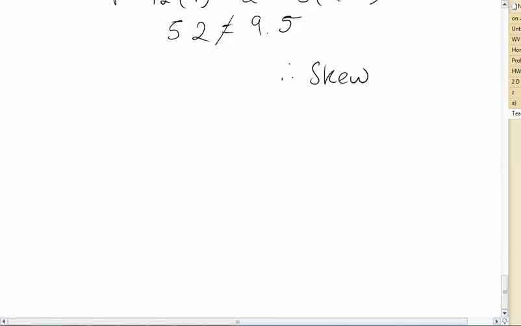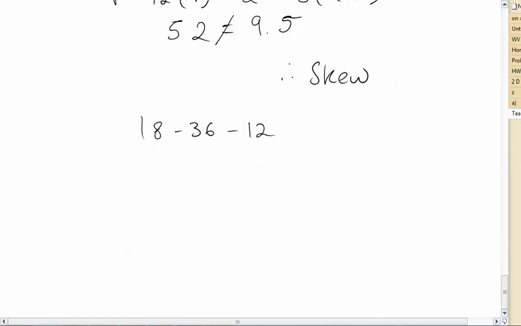As we know it's a skew, we have to try and find the angle at which the two vectors are at. So we take 8 minus 36 minus 12.